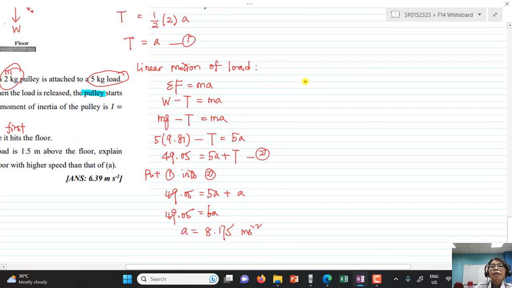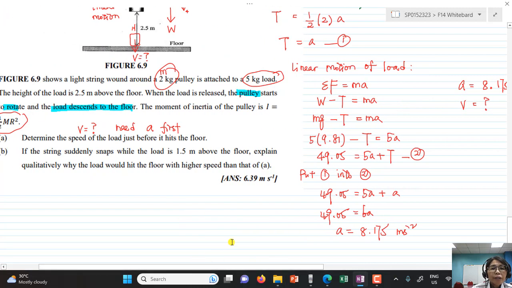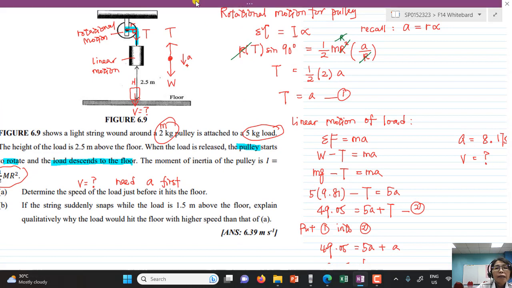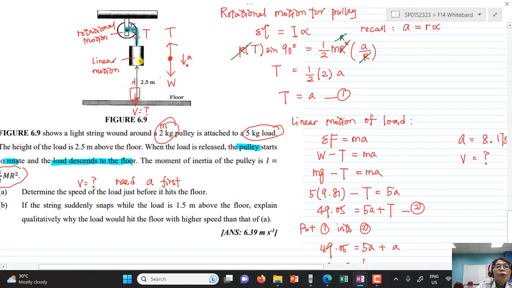So consider the linear motion. I already know the acceleration, 8.175 meter per second squared. Then I want to find the final speed of the load as it hits the floor. If you refer back to the question, at the very start, your load has a height of 2.5 meter.